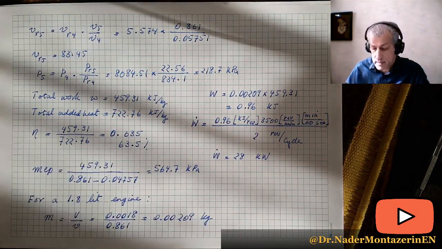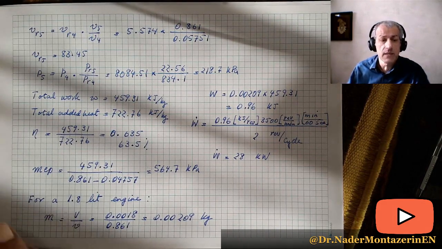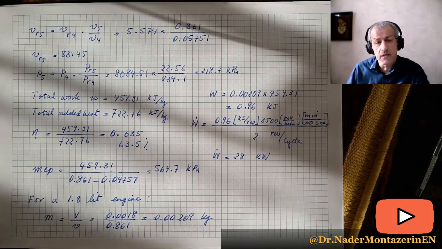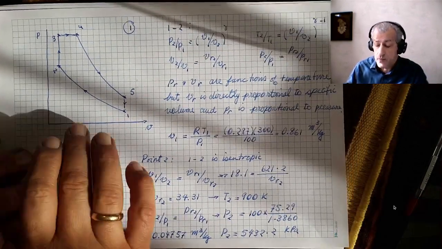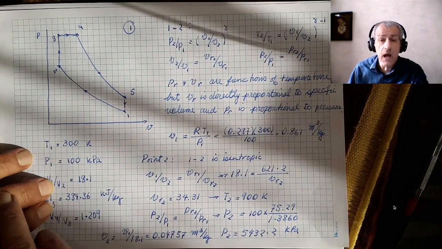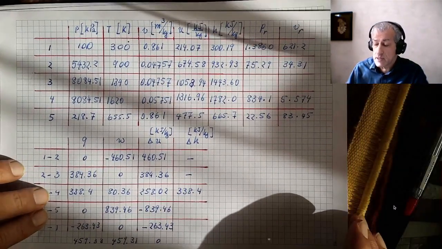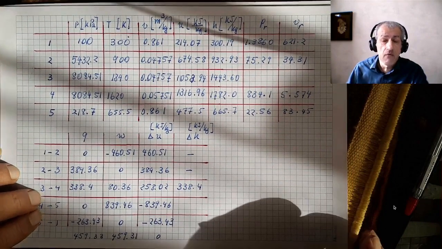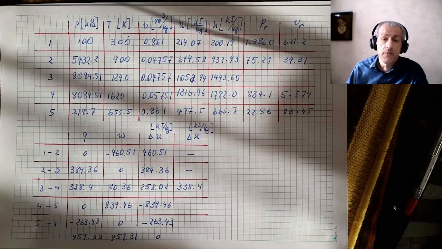Well, this is as much as I could say about a dual cycle. I hope you have learned the basics of how to calculate this cycle. Do not forget to draw the diagram, but more important, please draw these two tables, one for point properties and the other for processes.